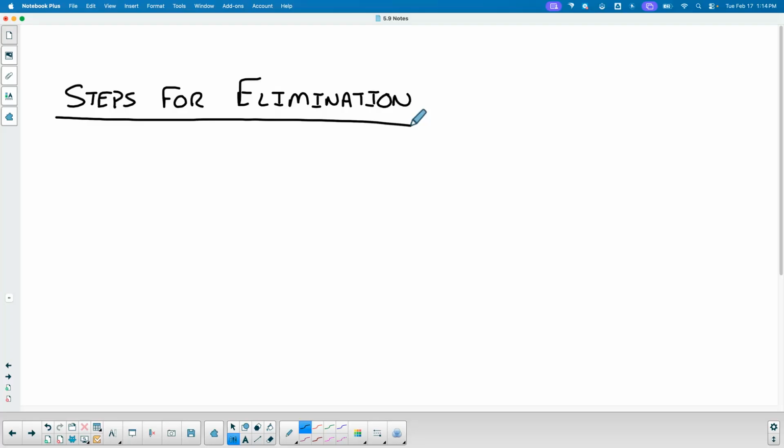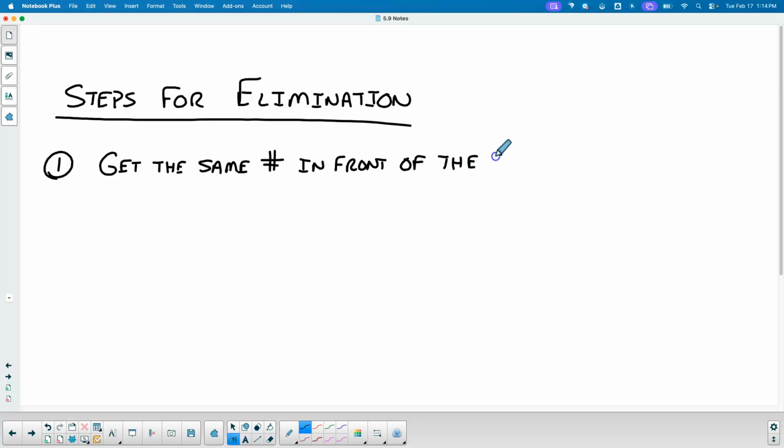Step number 1 from last Thursday was we need to get the same number in front of the same variable.